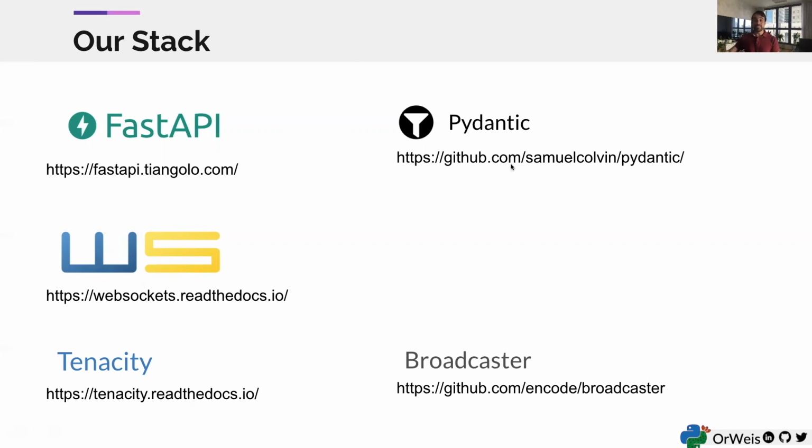We're using Pydantic for serialization, both for the subscriptions that we're passing on the wire and, as we mentioned, the messages for RPC requests and RPC responses. We use Tenacity, as we mentioned, for durability, for the ability to reconnect when things fail. And we're using Broadcaster to expand our PubSub between servers if we need.